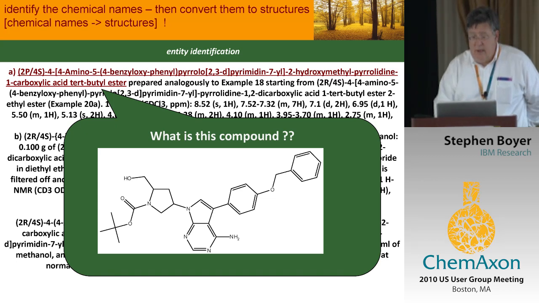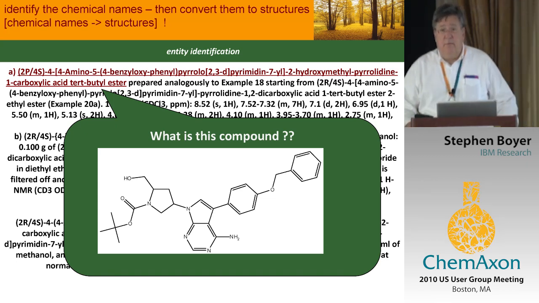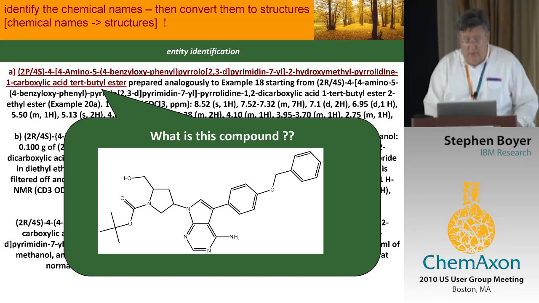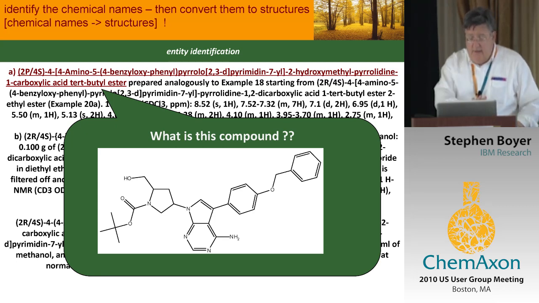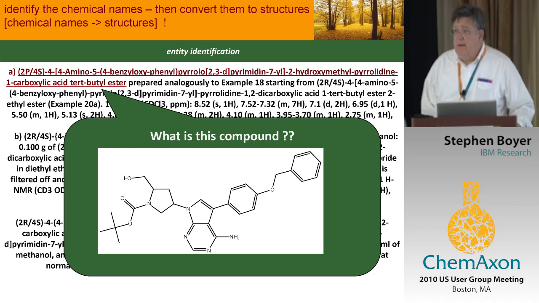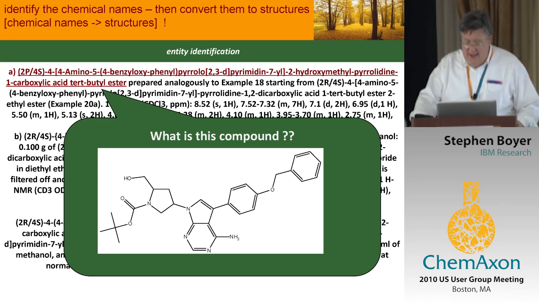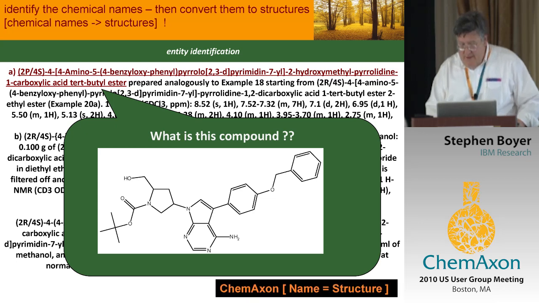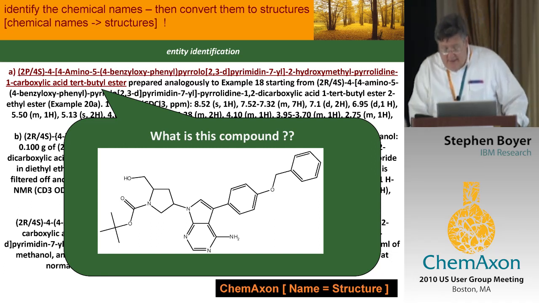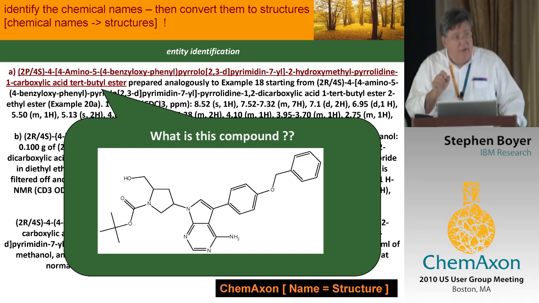So what we've been working on is developing computer methods which allow us to very rapidly take this and convert it into a structure. Actually, I should say, ChemAxon has some very nice tools, including a new name-to-structure program, which will enable this transformation of chemical names very rapidly into chemical structures.